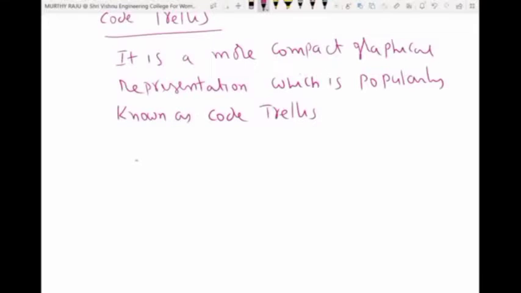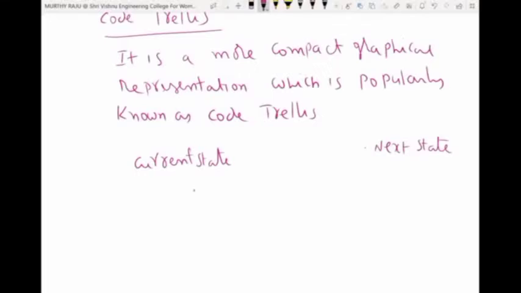Four states. This is the current state, and the next state, current state, and next state. Here the node on the left side denotes the 4 possible current states.